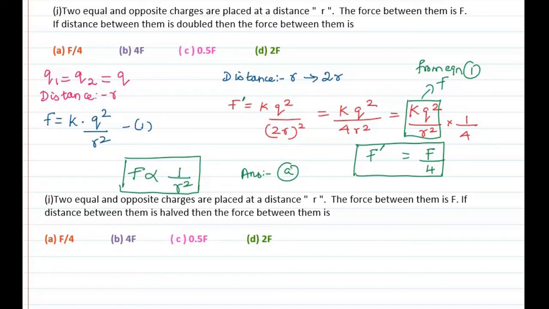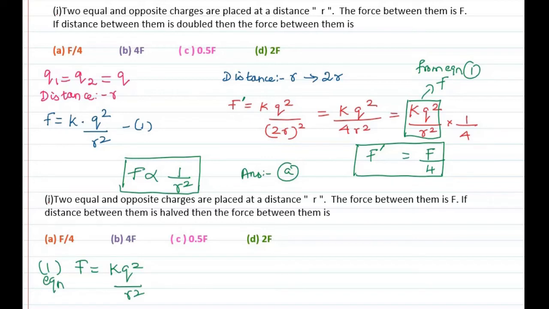So the next problem is, two equal and opposite charges are placed at distance r. Okay, same. The force between them is F. If the distance between them is halved, then the force between them is what? So we know that the force between them is F equal to K into Q square divided by R square. Okay, from the same equation, both the charges are equal, same thing.